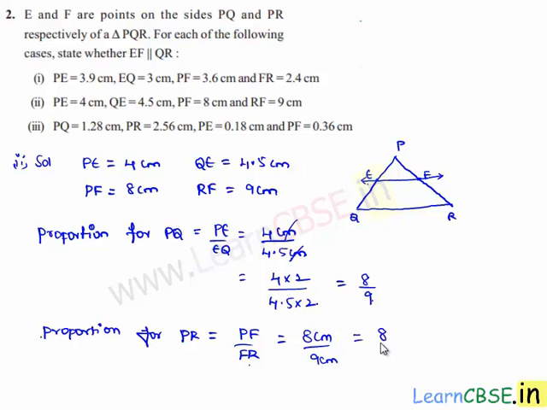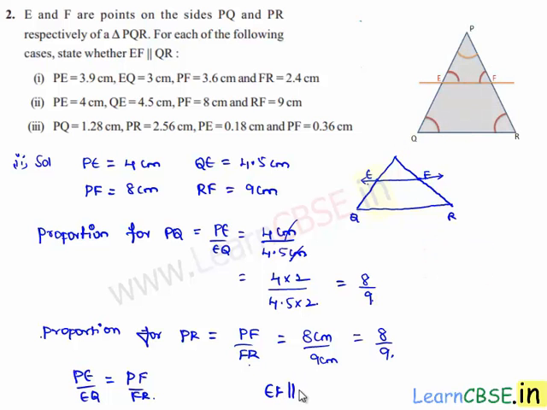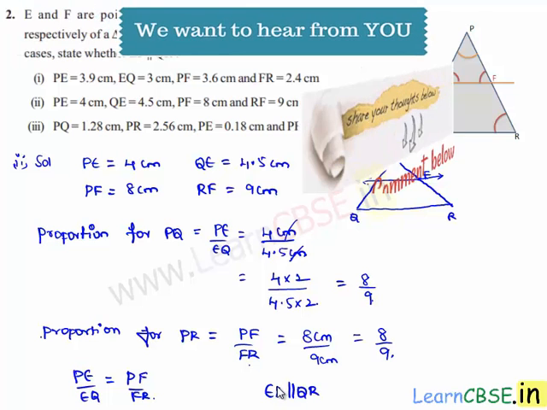So finally we get the proportion of PR is equal to 8 by 9. Here PE by EQ is equal to PF by FR. So from Converse of basic proportionality theorem, we can say that EF is parallel to QR.